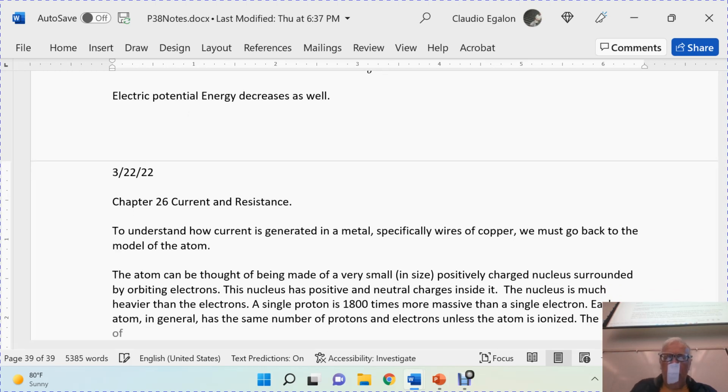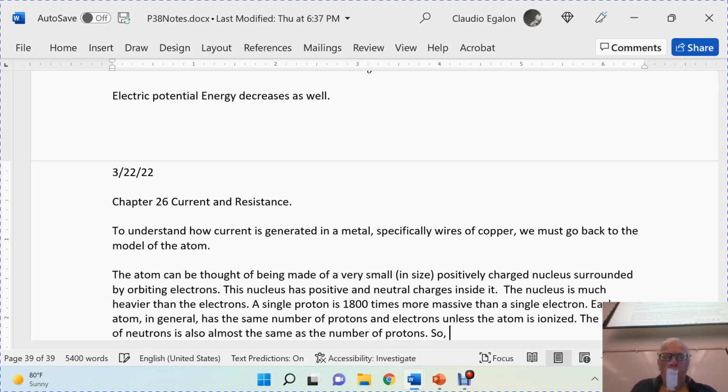The number of neutrons is also almost the same as the number of protons, not always. They differ most of the time, but as a rule of thumb, we can state that it's almost the same.